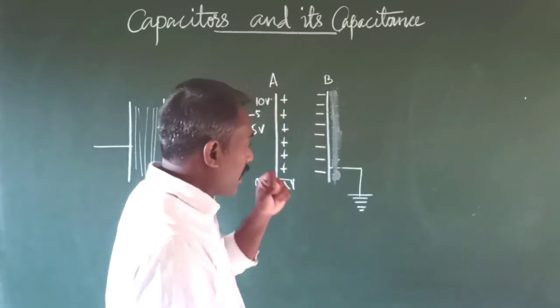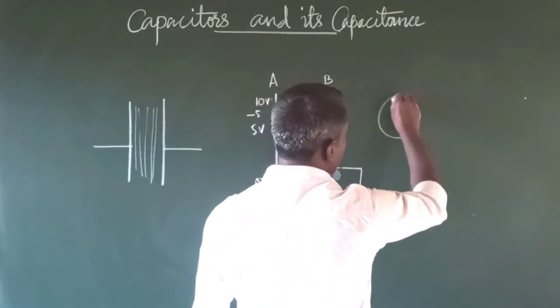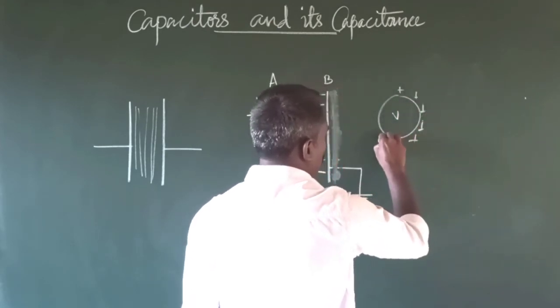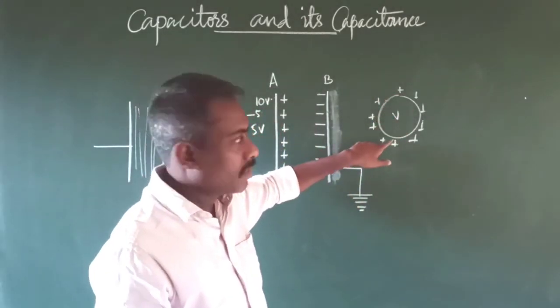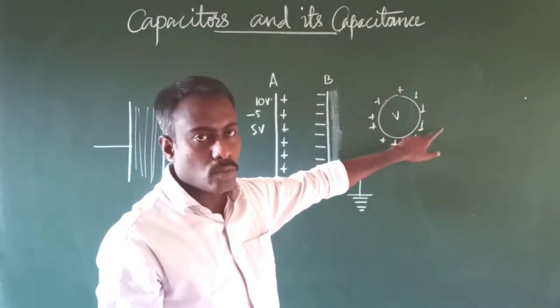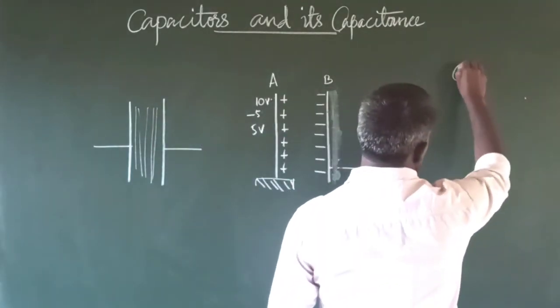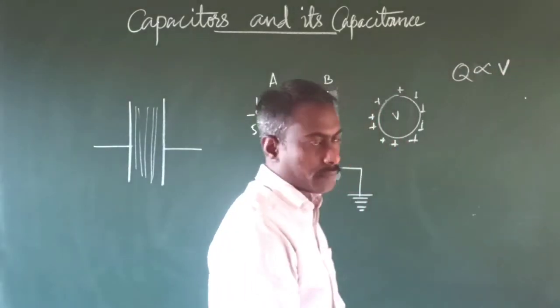When a conductor is charged, positively or negatively, as the number of charges is increased, the potential of the conductor also increases. So we may say that the charge is directly proportional to the potential.